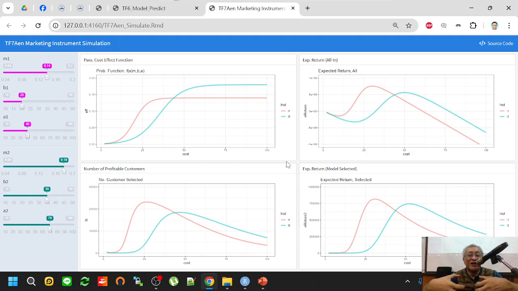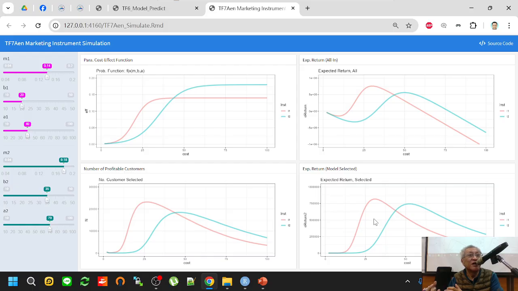So next week I will use a notebook and also a simulated app to run you through this assumption. By assumption, I mean adjusting this MBA to reflect different types of marketing instrument. And by simulation, I mean that with this assumption and the prediction, we can actually expect the result.